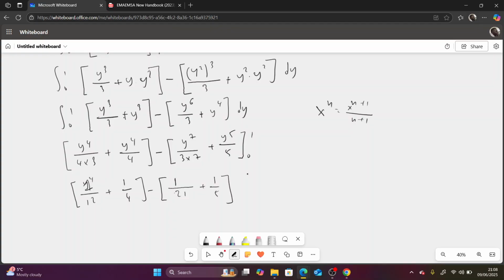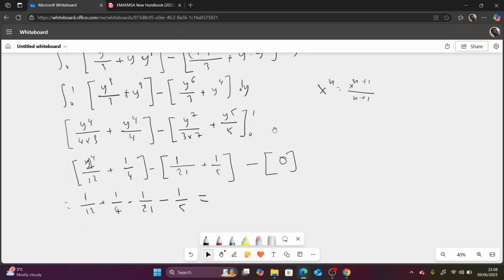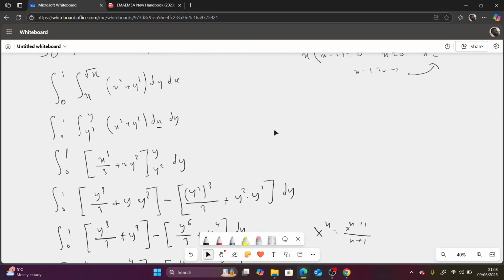Normally we're supposed to do like this and we go minus lower limit, but the lower limit will be 0, because when you substitute 0 throughout here, it will give you 0. So if we substitute here, at the end of the day we should get our answer: 1 over 12 plus 1 over 4 minus 1 over 21 plus 1 over 5. If you do this calculation, you're definitely going to get our integration.